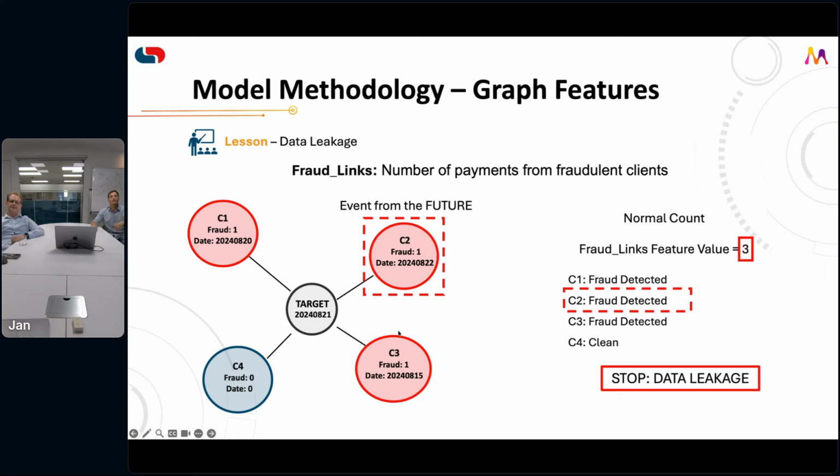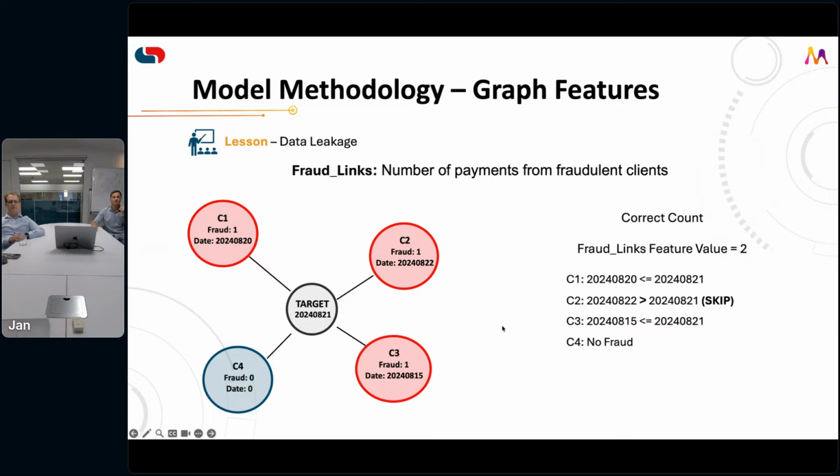The reason why is that you did not look at the target date of when the event occurred. This is very important, so let's look at actually understanding why. Let's count again from the start. Client 1 is fraudulent. That date, the 20th, was before the event that we are interested in. Then we can count that node. Then we get to client 2. Client 2 was found fraudulent on the 22nd, which was after the target date.